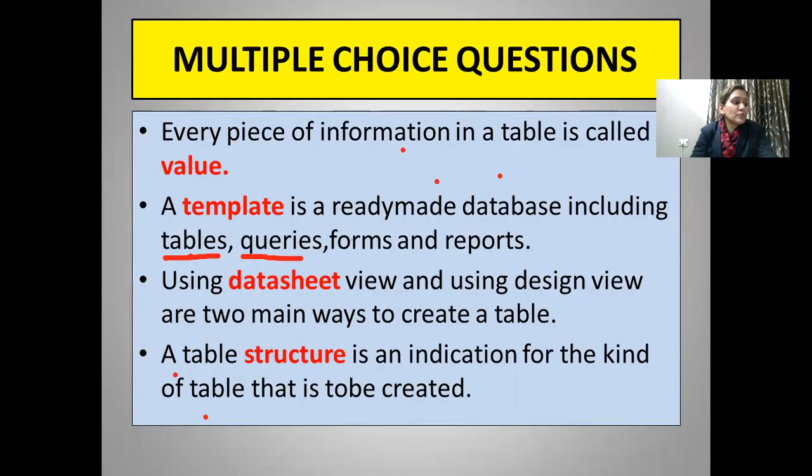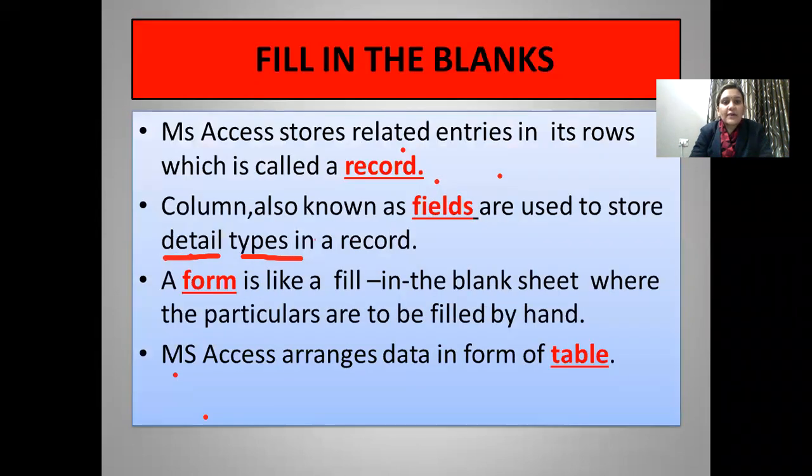Moving further, we have the next slide. We have MCQs. Before that, we have fill in the blanks. Now, MS Access stores related entries in its rows, which is called a record, right? Column is also known as fields.